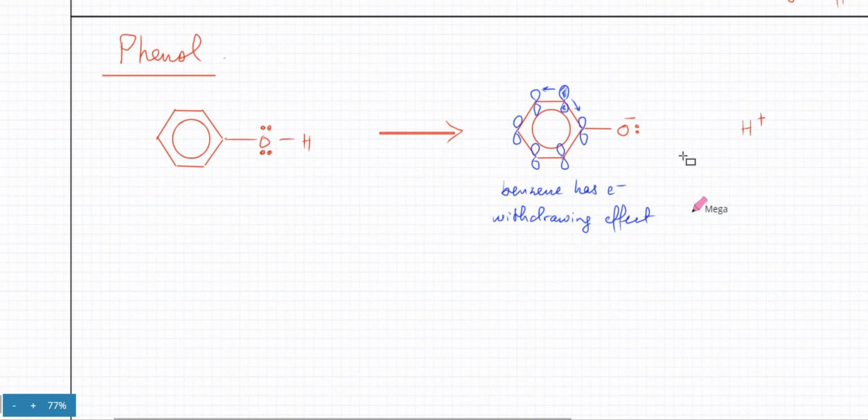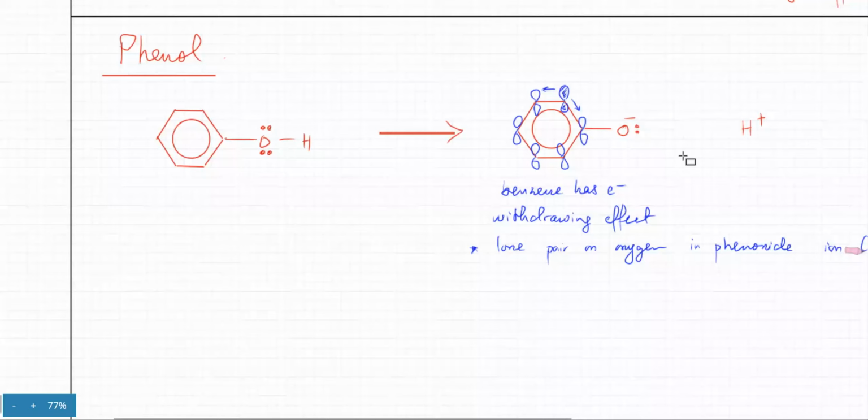What basically happens is, and what you're going to write in your exams is, the lone pair on oxygen in this phenoxide ion, जिसको अपना C6H5, you can write it as C6H5O minus 1.